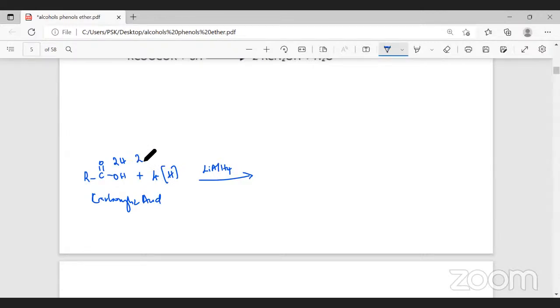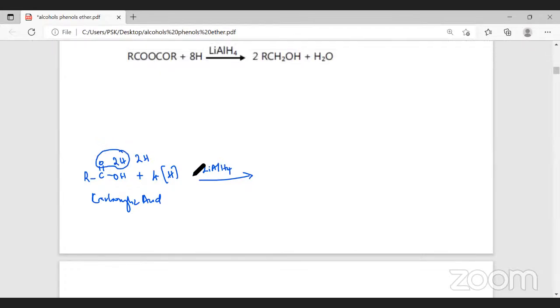We can write it as 2H and 2H. So 2 hydrogen and oxygen get eliminated as water. In place of this oxygen, 2 hydrogen goes. Therefore, we get R, CH2, OH. This is primary alcohol. So carboxylic acids on reduction with lithium aluminum hydride give primary alcohol.